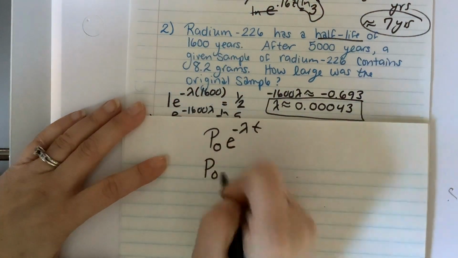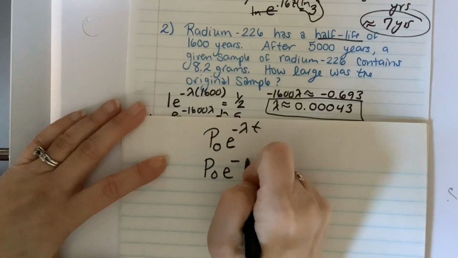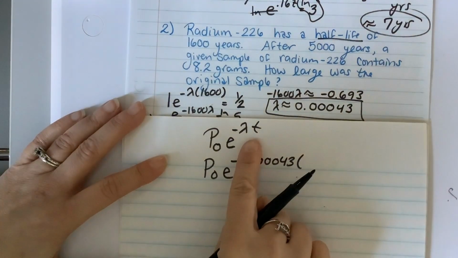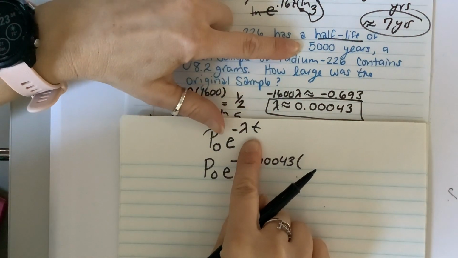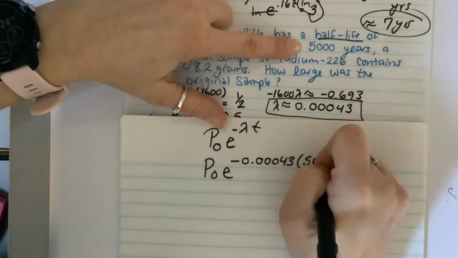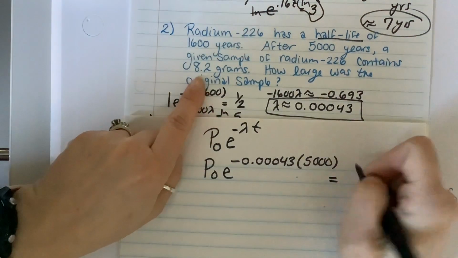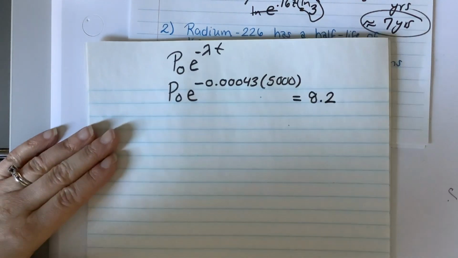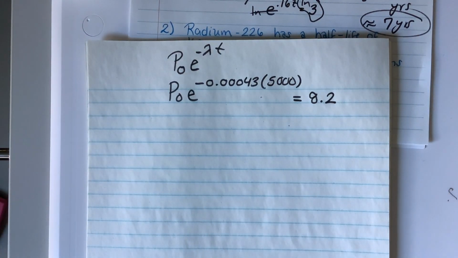Because it's decay, we go ahead and fill in a negative. So this would be our unknown value, e to the negative 0.00043 times t. In the problem, they said somebody has been monitoring the sample for 5,000 years, and at this time, we have 8.2 grams left. Does that make sense how I set that up? You want to know how much you had at the beginning.